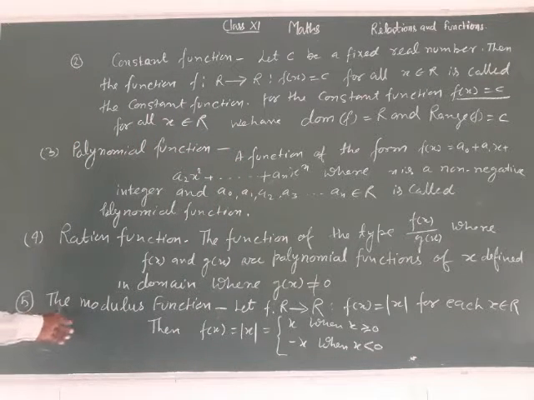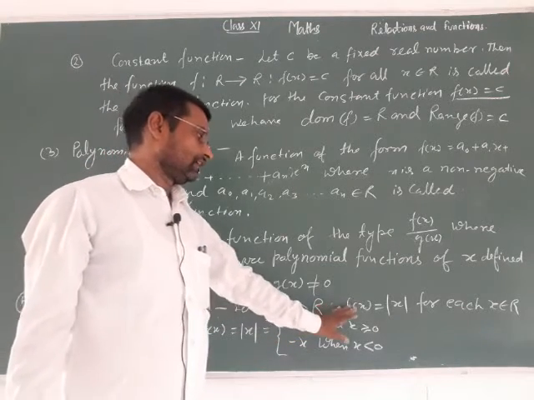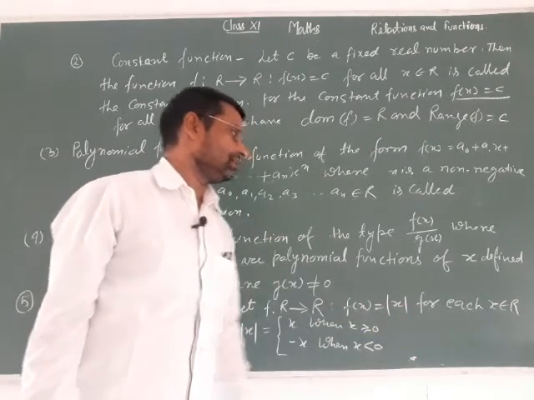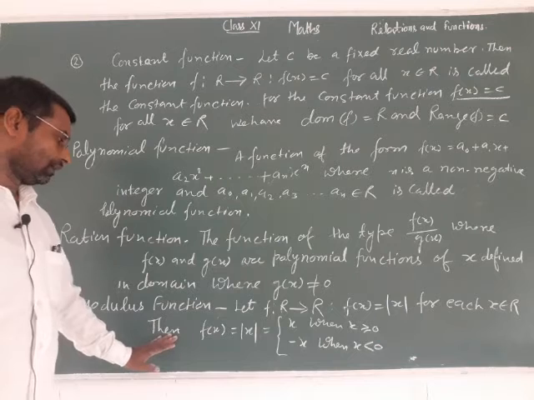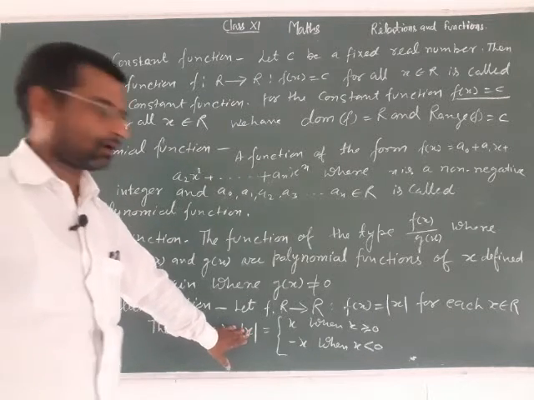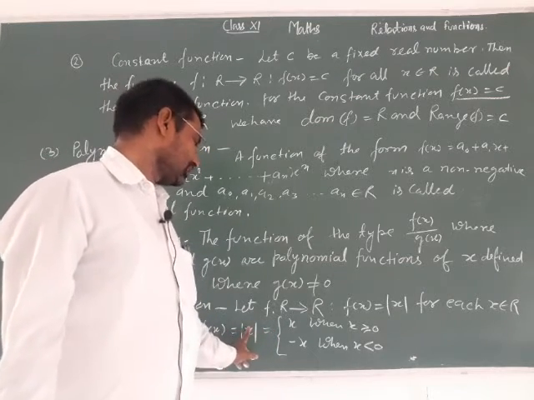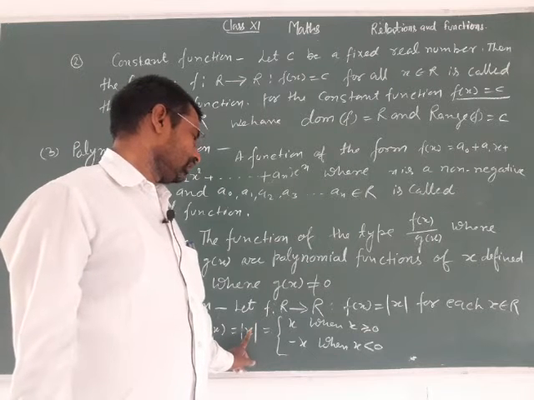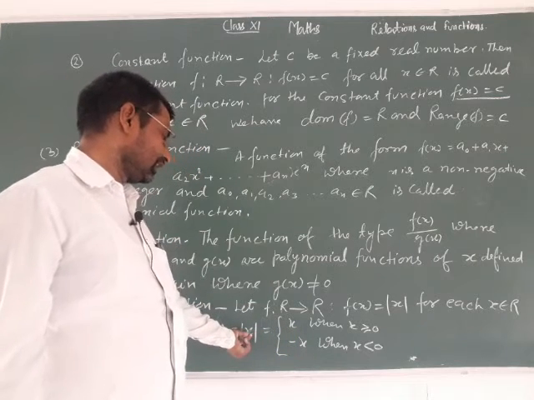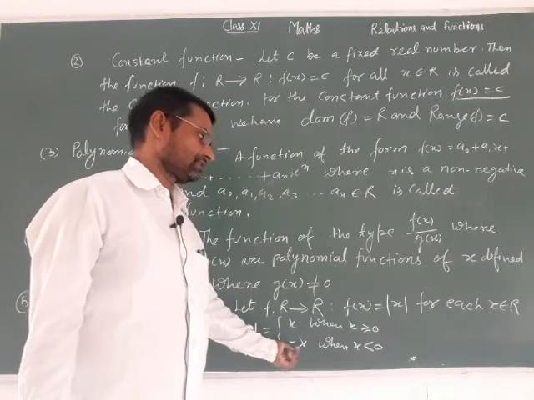And fifth, the modulus function. Let the function from R to R be F(x) = |x| for each x belonging to R. It is also written in the form: |x| = x when x is greater than or equal to 0, and |x| = -x when x is less than 0.